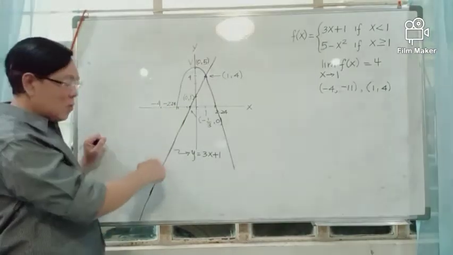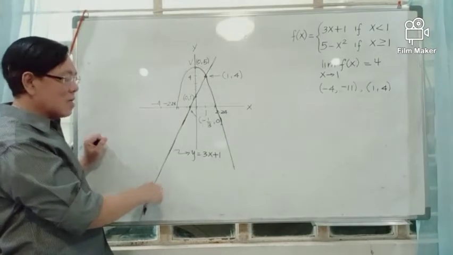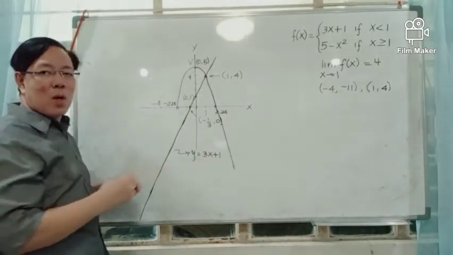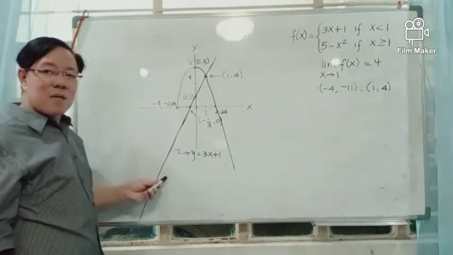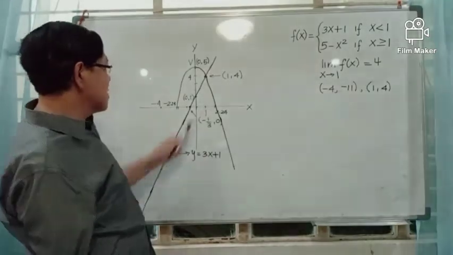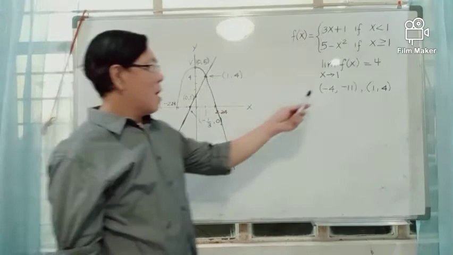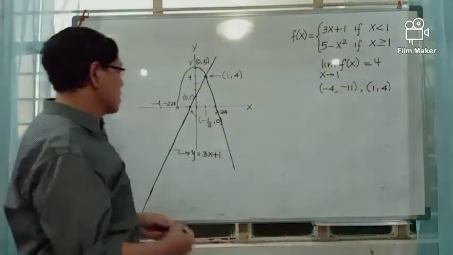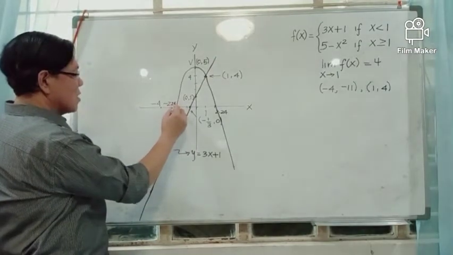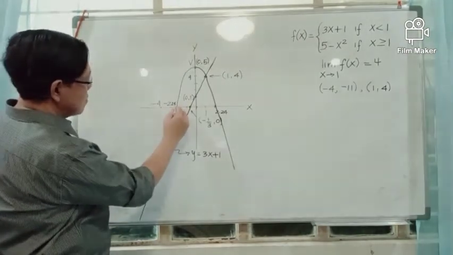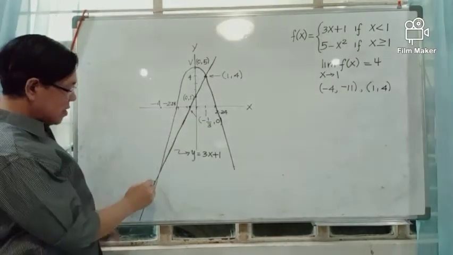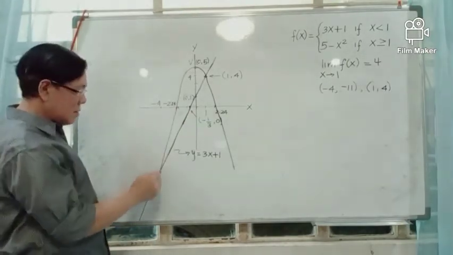If it goes downward, it will intersect the line again with equation y equals 3x plus 1. And the second point of intersection of the line and the parabola has coordinates negative 4, negative 11. So from this point, the parabola continues to go downward, and it will intersect the line.